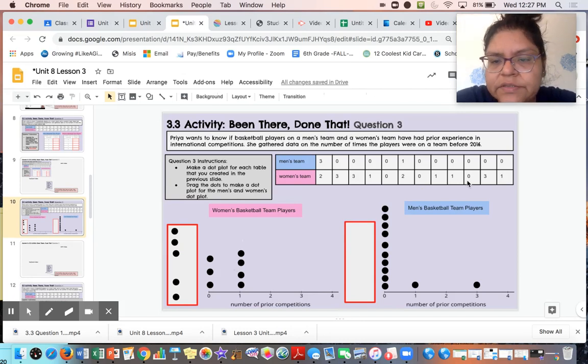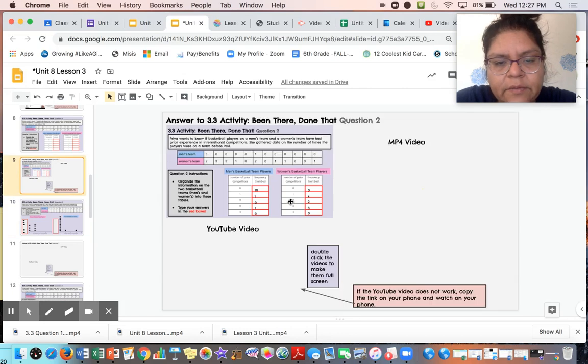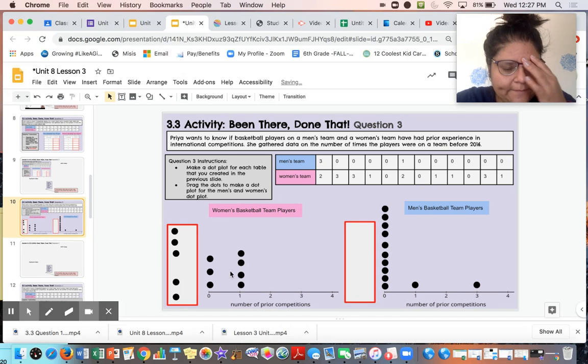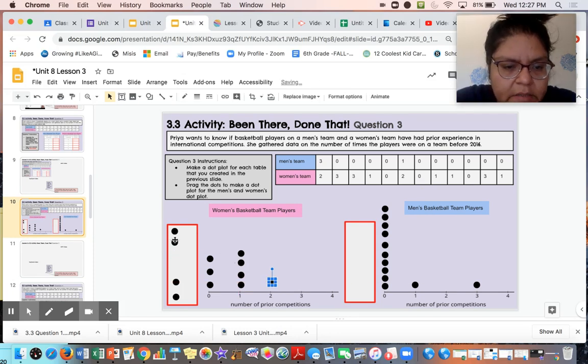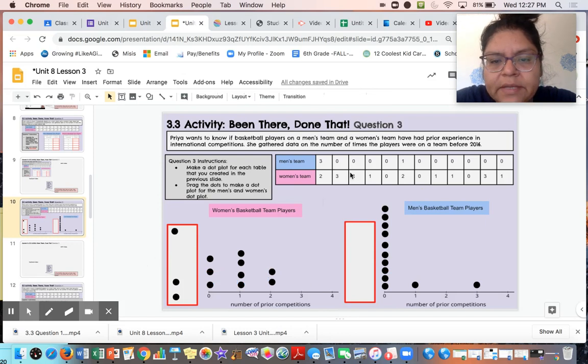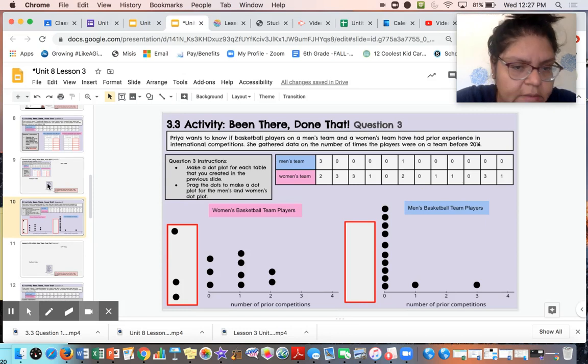Our next number is 2. How many 2s do you see on the data set? 2. Let's look at the table. Next to the 2, there's a 2. So we're going to go ahead and put 2 dots above the 2. Next number is 3. 1, 2, 3. I see 3 on the data set and on the table.